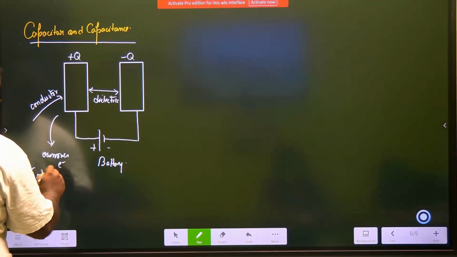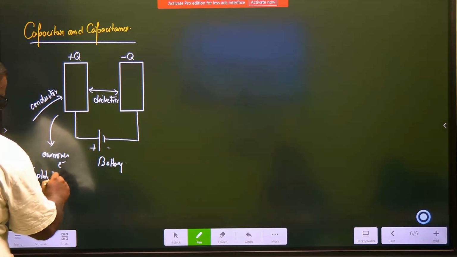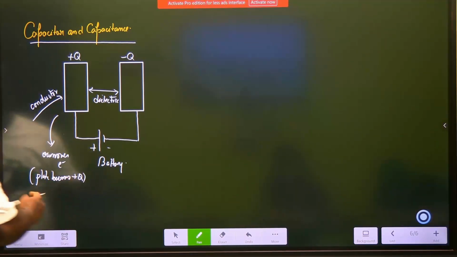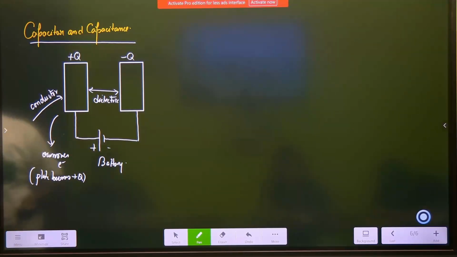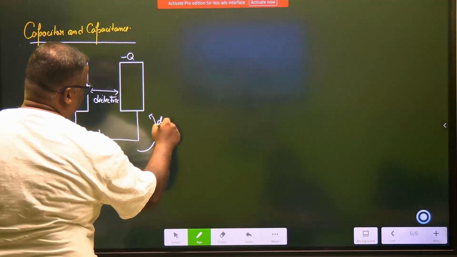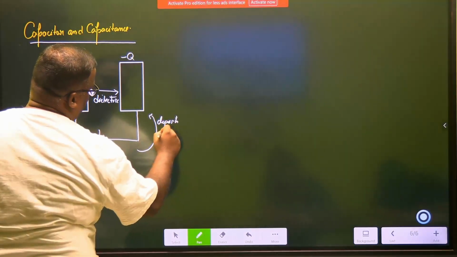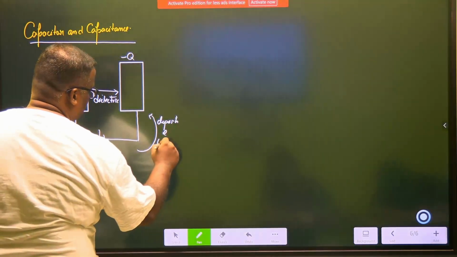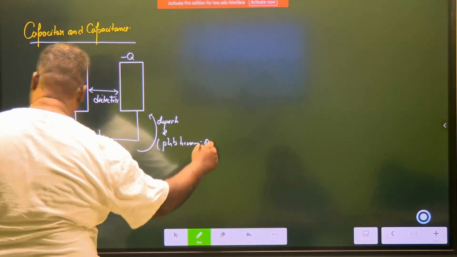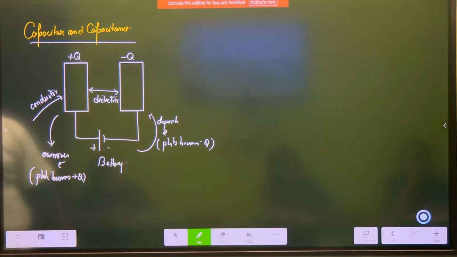So the plate or conductor becomes positive Q, and deposits electrons on another. Here the plate becomes minus Q. Okay.